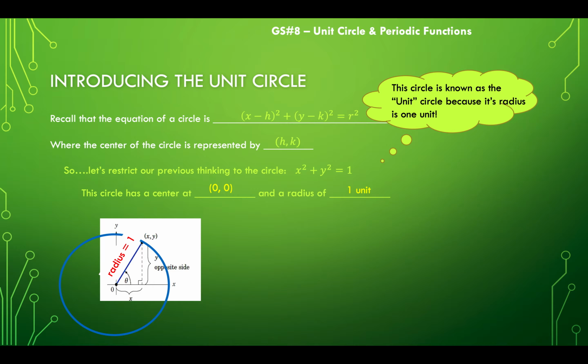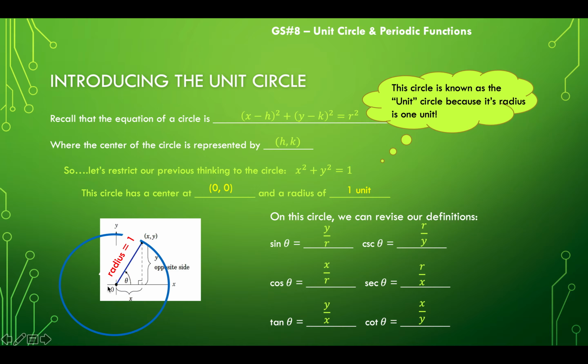Now, if I'm looking at this diagram, and we are considering this to be our unit circle, so we're going to have our radius here as 1 unit, we can take those definitions that we came up with before and replace all those r's with 1. So this r will become a 1, this r will become a 1, this r will become a 1, and this r will become a 1.